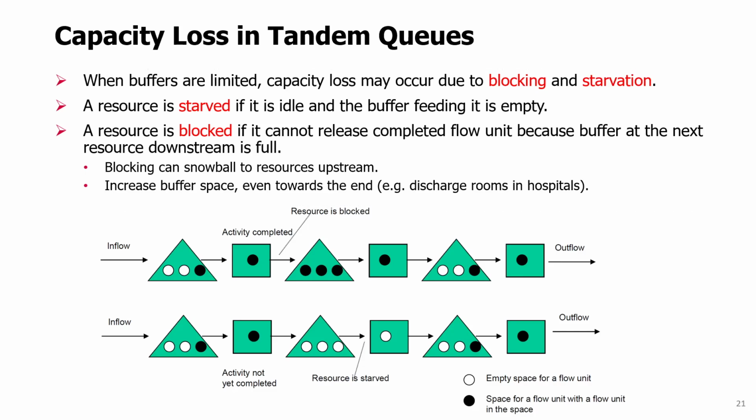Analysis of these kinds of systems with limited capacity and sequential servers, or serial queuing systems, is normally done through simulation, because it's very difficult to analytically determine parameters or statistics about the system when we have limited buffers and all the interactions of different randomness effects.